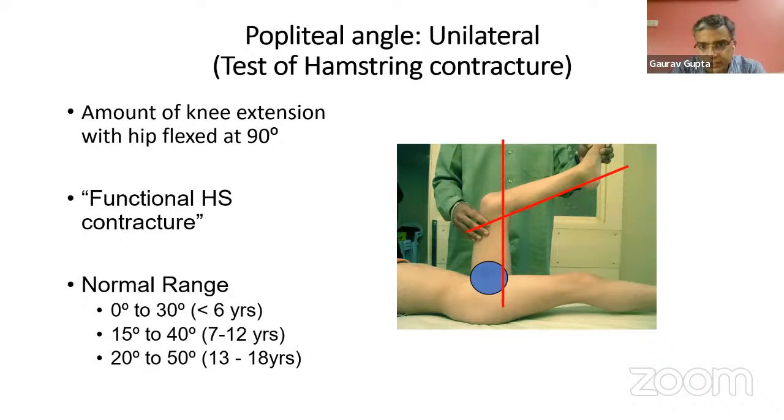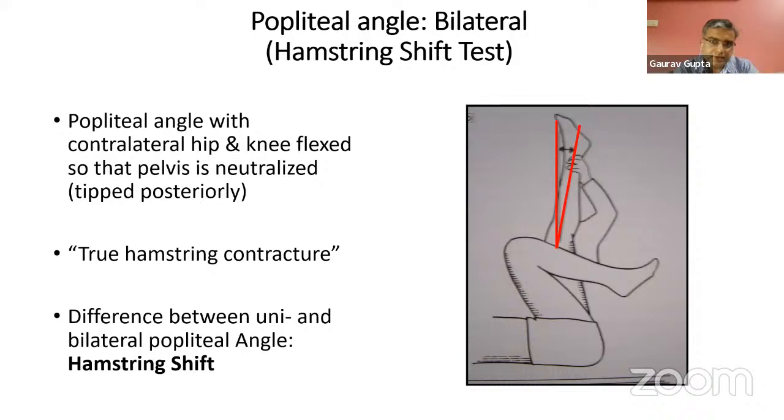So when we keep the other limb extended, we call it unilateral popliteal test, and it tells us the functional hamstring contracture. Then we do bilateral hamstring test, where we flex the opposite hip to square the pelvis, to obliterate the lumbar lordosis and the anterior pelvic tilt, and then we extend the knee.